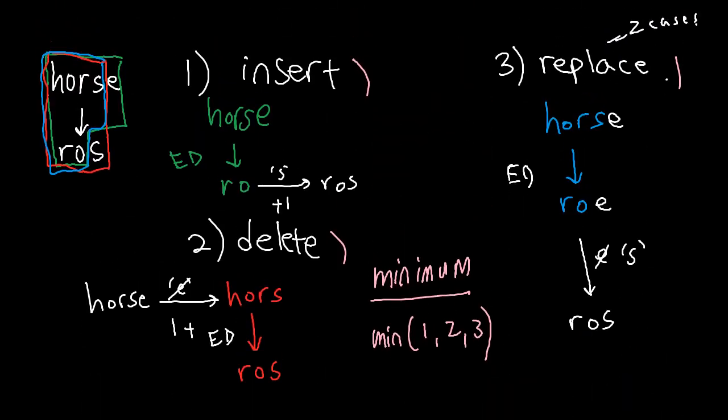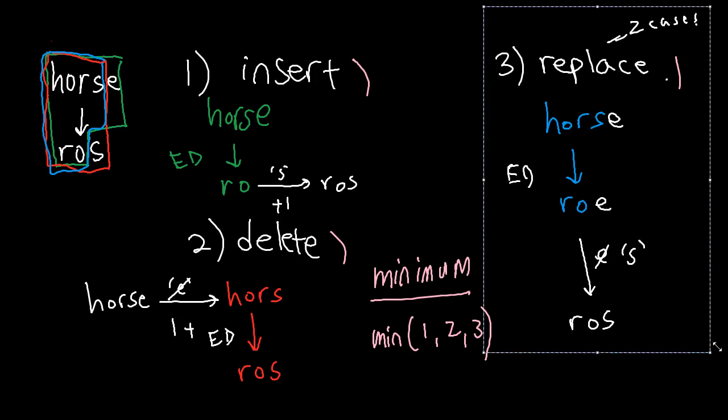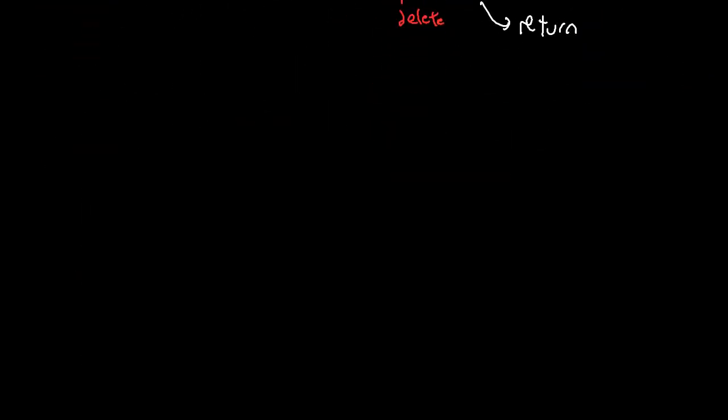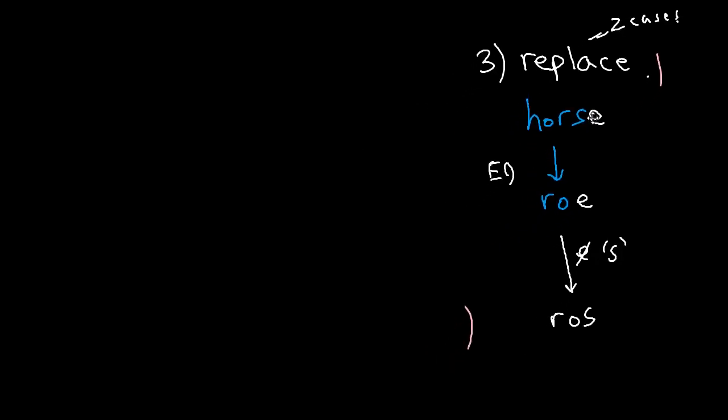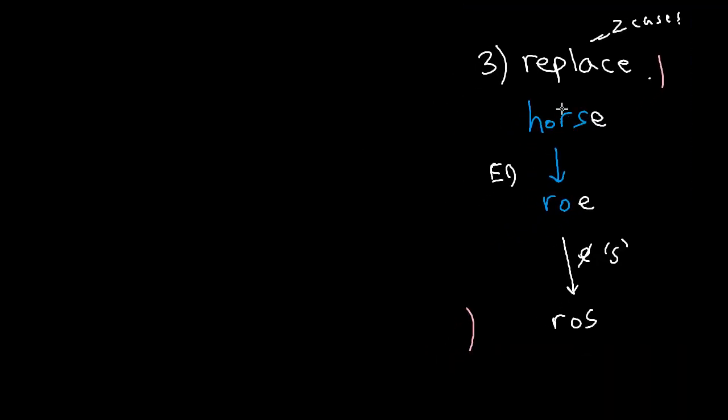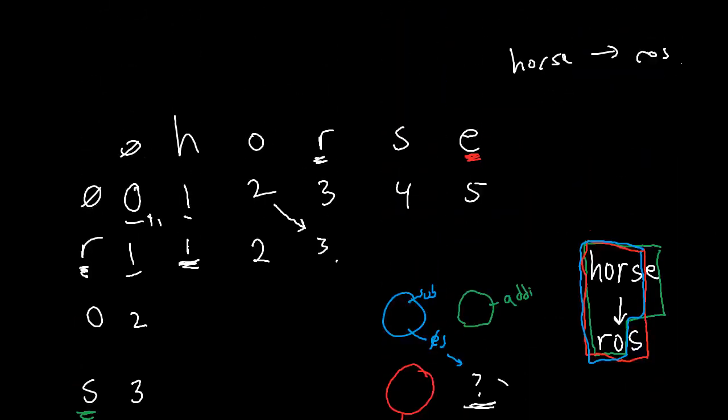So in a normal replacement, or I've been calling it substitution, but replacement, substitution, it goes something like this. So we have horse into row, and then we substituted something to get to Ross. Now what do we have in this case?